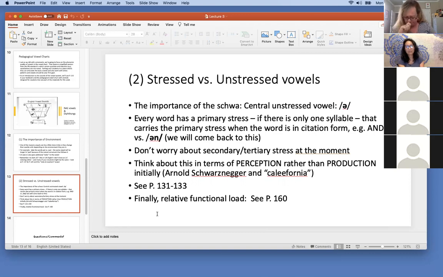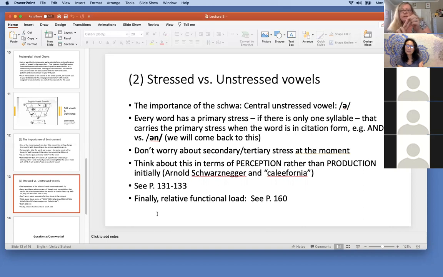Okay, if I change the stress, if I have word stress, then it's the difference between something like hippopotamus, right, where the primary stress is on the middle syllable. Okay, so if a word has sentence stress, it will usually be stressed on the citation word stress.